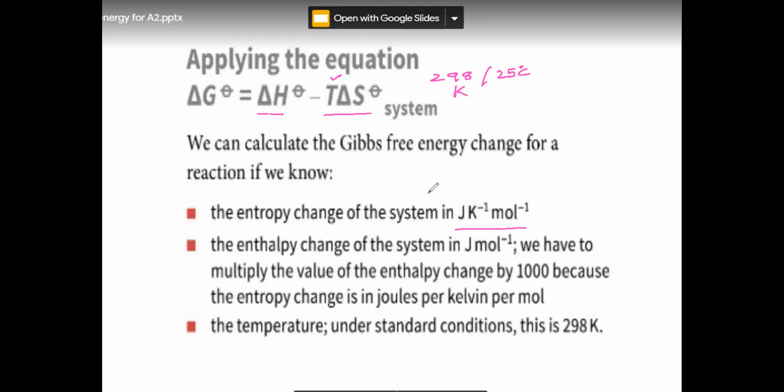Now, because the entropy is always taken in joules per Kelvin per mole, whereas the enthalpy is in kilojoules per mole, we will be converting them into the same units. In order to do that, we multiply the enthalpy, which is in kilojoules per mole, by 1000. That is how we change both the terms into joules.